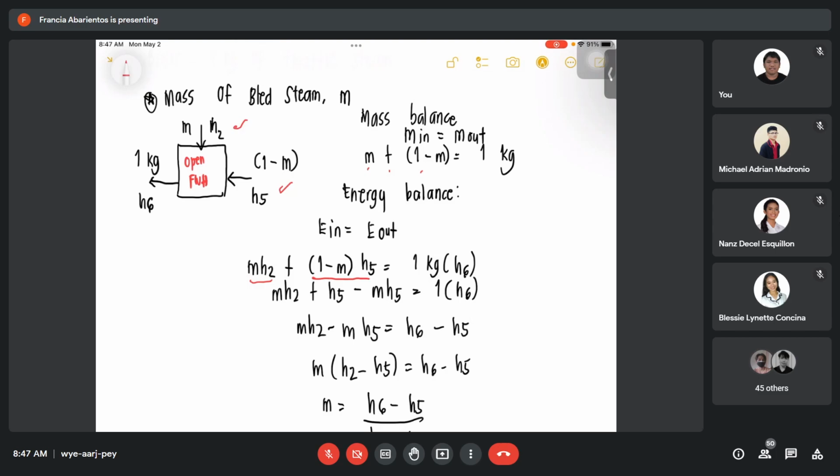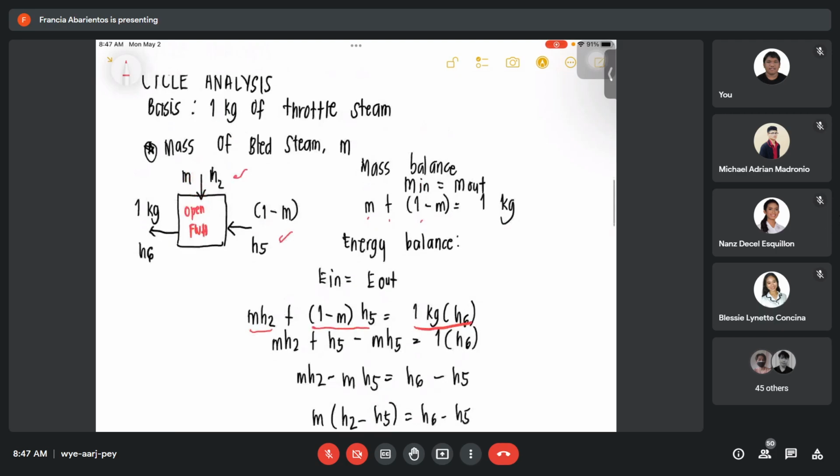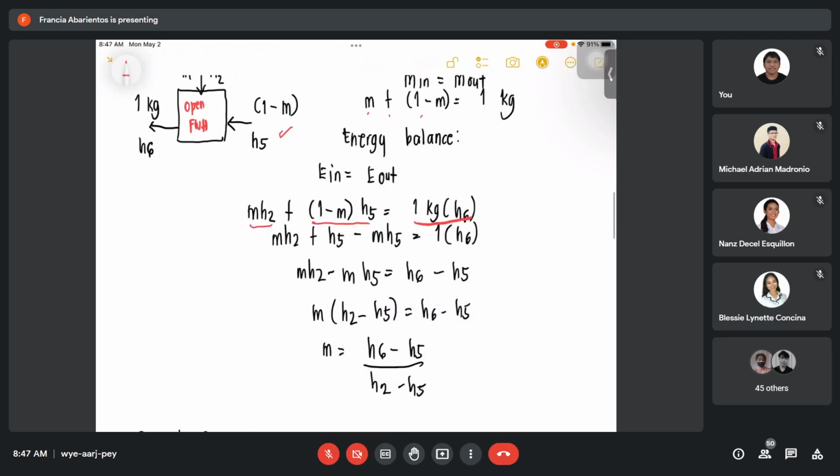And the leaving energy is equal to 1 kilogram times the enthalpy at 6, given our parameters. Okay, simplifying, we have now the mass of the bleed steam. As I said, that is either extracted or bleed. The regeneration process in a steam power plant is accomplished by extracting or bleeding the steam from the turbine at various points. So, this is now the mass of the bleed steam.